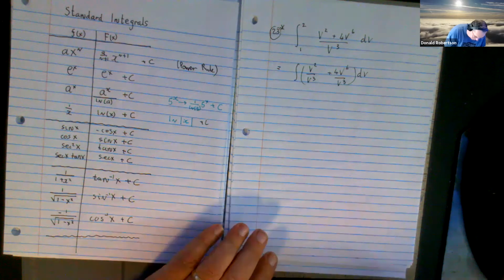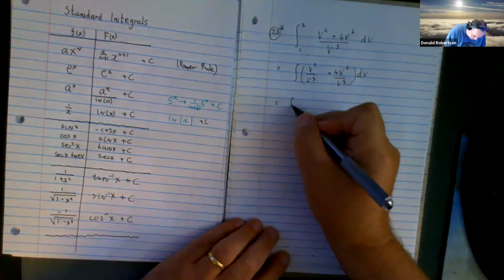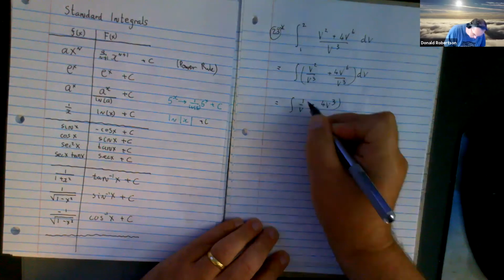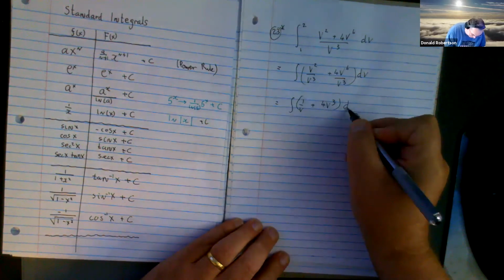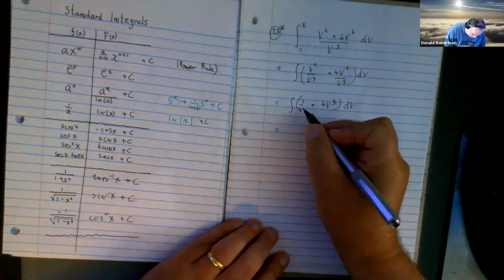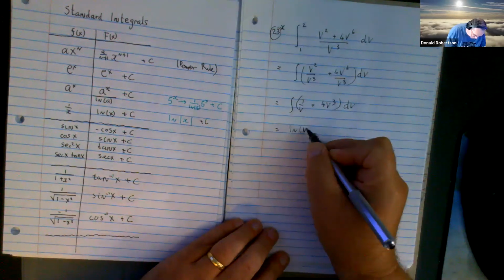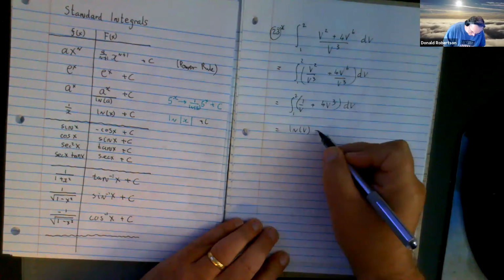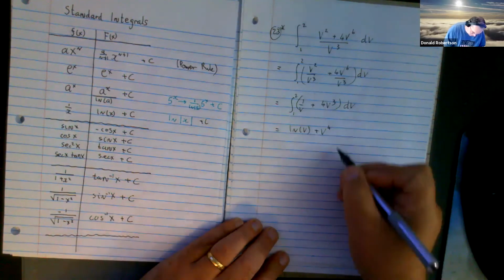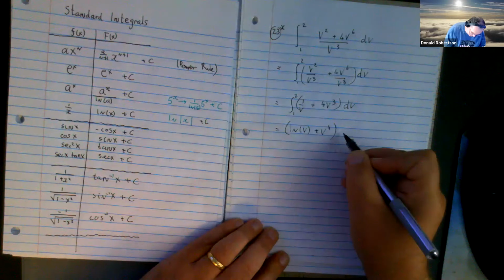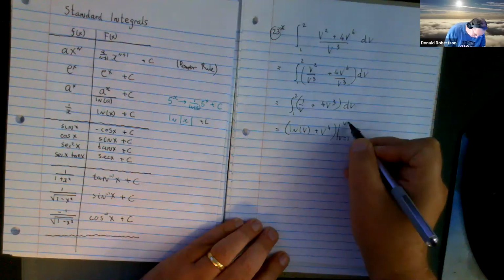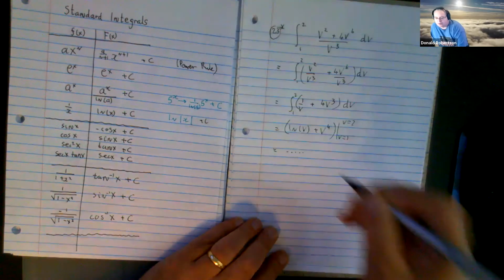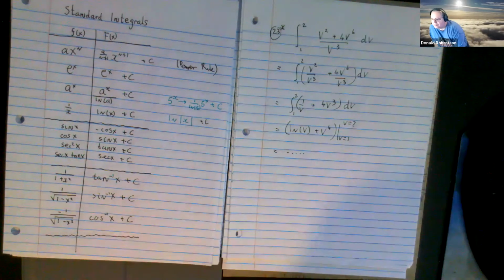And if you do that, you get 1 over V plus 4 V cubes. The antiderivative of that guy is log V. Add 1 to the power, divide by the new power, you get that. And then I'm just going to do dot, dot, dot, which means can you keep going and get an answer.